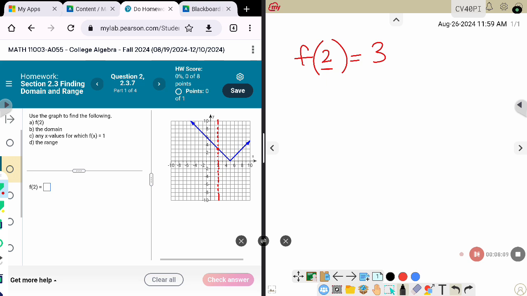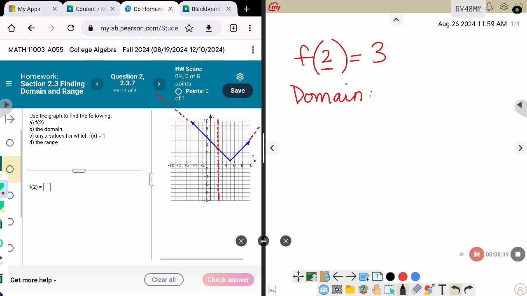The domain of this function. You read a graph kind of like a book, from the left side to the right side on each page. This arrow right here means it is going forever that way and the other side is going forever that way. And it includes all the points in between, right?